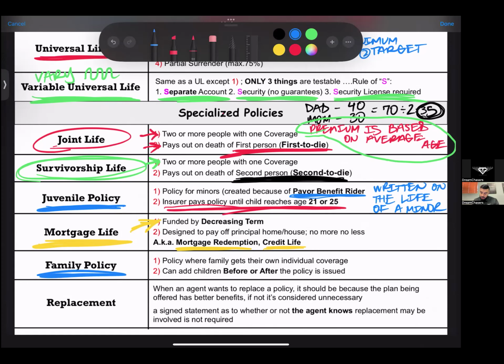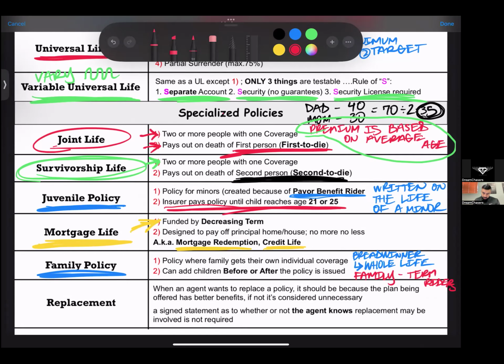Here, the breadwinner, as a question is written, will be covered with whole life insurance, and the rest of the family, meaning the spouse and kids, will have term riders on them. So the breadwinner will have whole life, and the family will be covered under the same policy under term riders.